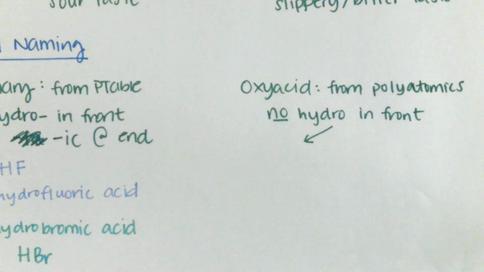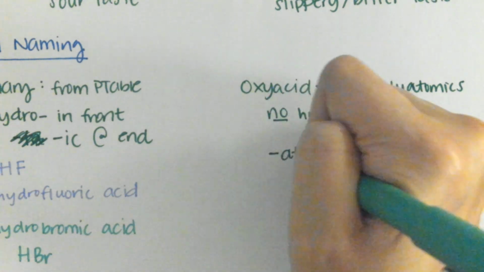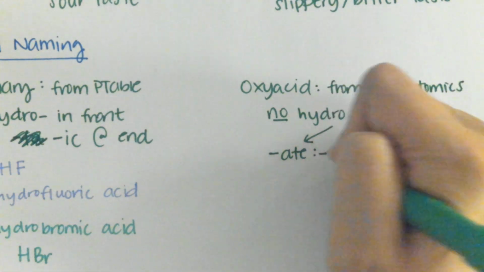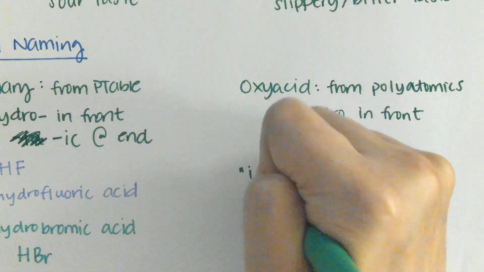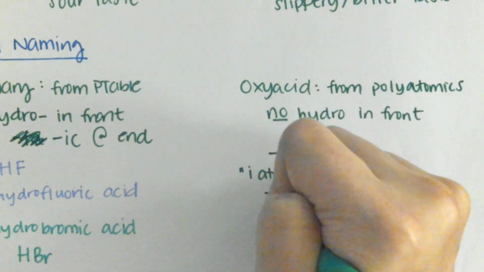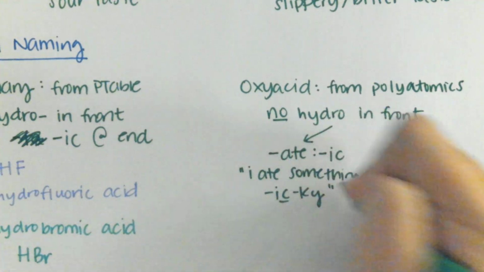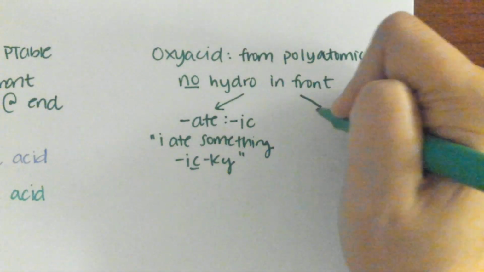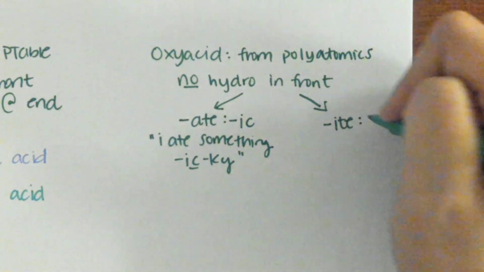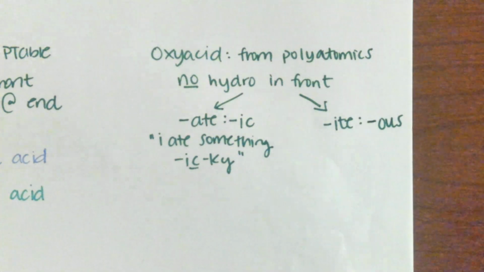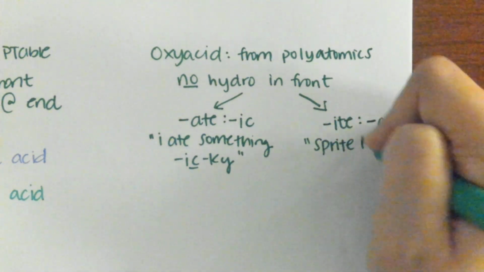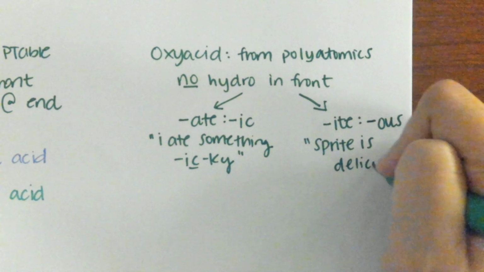So if your polyatomic ends with ate, your ending is -ic. So I ate something icky. And then if you have a polyatomic that ends with ite, the ending is -ous. So O-U-S. And the way to remember that is Sprite is delicious.